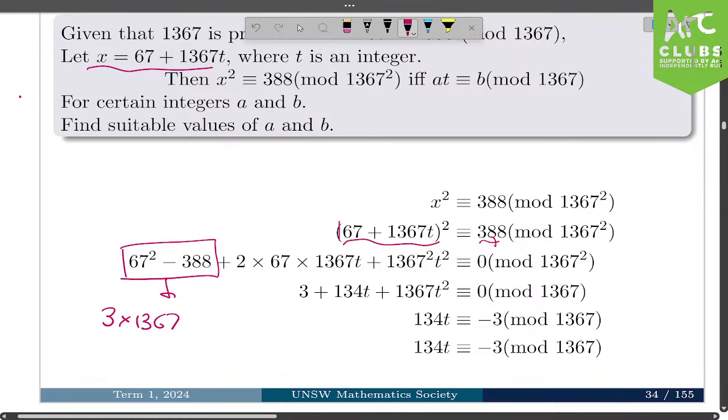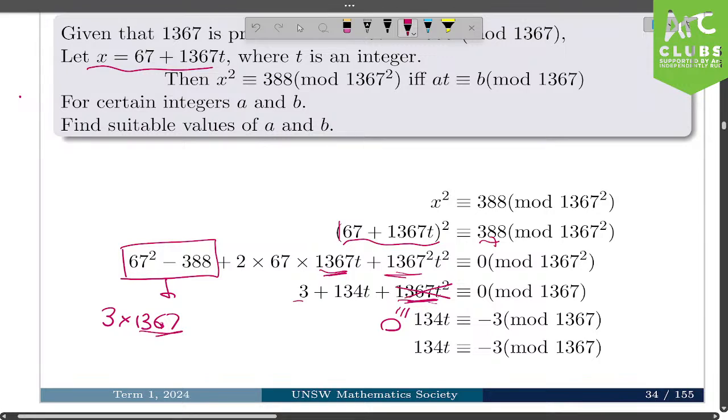But we note that each of these terms has a 1367: this is 3 times 1367, there's a 1367 here, there's a 1367 here. We can effectively divide both sides by 1367, and then we get 3 plus 134t plus 1367t squared is congruent to 0 mod 1367. But note that this 1367 is just congruent to 0, so we can get rid of it, and we move our 3 to the other side.